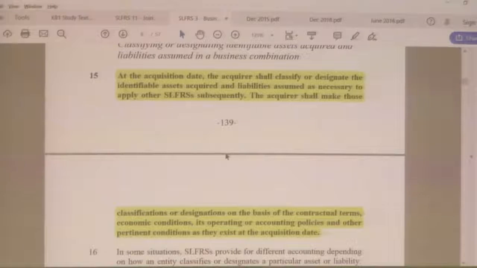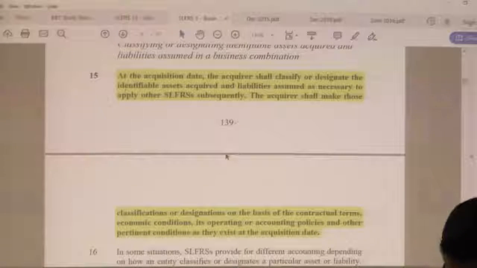The acquirer shall make those classifications or designations on the basis of contractual terms, economic conditions, its operating or accounting policies and other pertinent conditions as they exist at the acquisition date. So all these factors you have to consider at the date of acquisition. Keep that also in your mind.